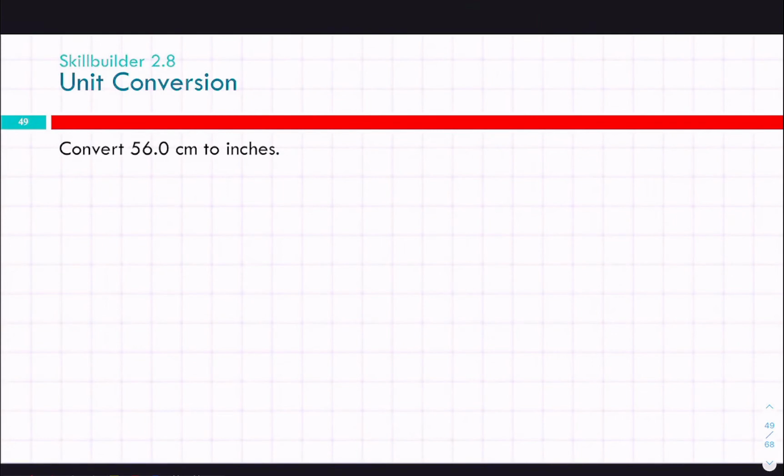All right, so we'll start with an easy one. Okay, so what are we given? Yeah, 56 centimeters. And we're trying to find inches. Okay, so our solution map then for this, we would start with centimeters.